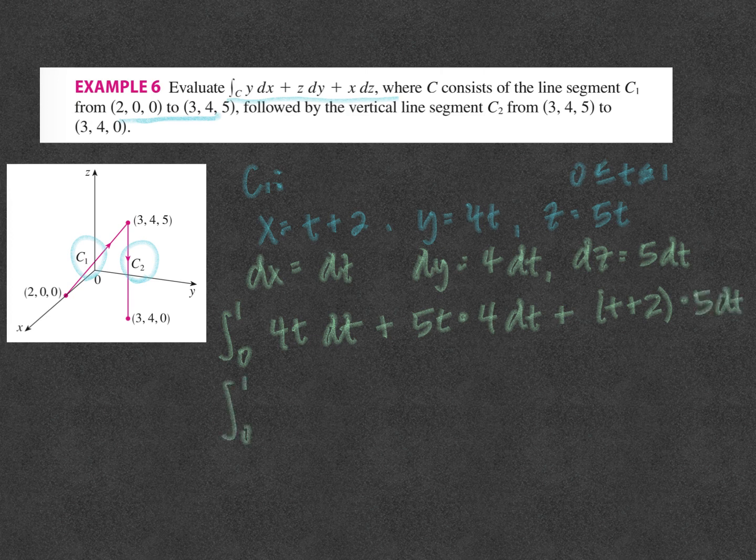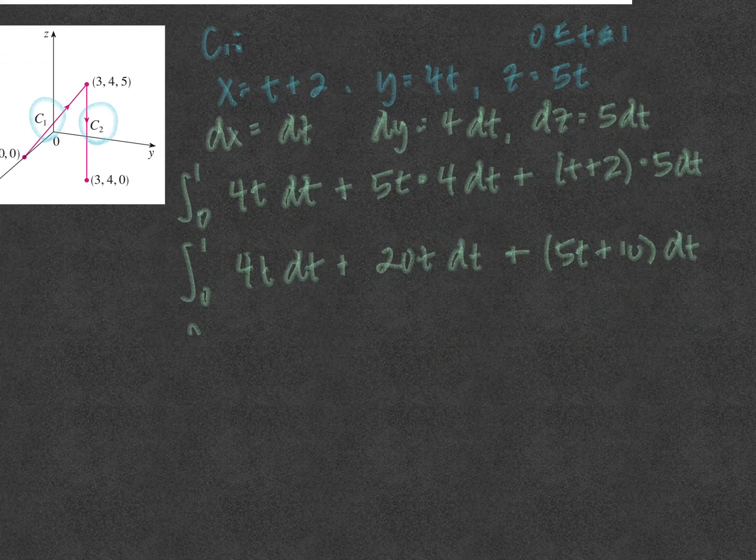So we have the integral from 0 to 1, 4t dt, plus 20t dt, plus t plus 2. Nope, we're multiplying by 5. So we're going to call that 5t plus 10 dt.